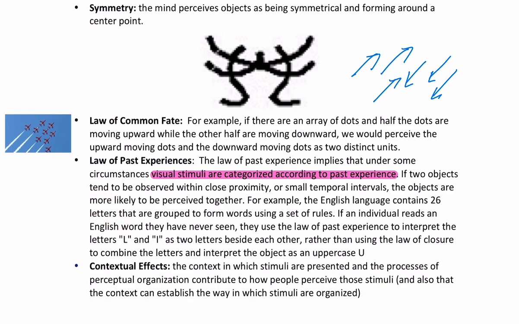Next is contextual effects. The context in which stimuli are presented and the process of perceptual organization contribute to how people perceive those stimuli. Also, context can establish the way in which stimuli are organized. So, for example, let's say we go to Disneyland, I'm drawing Disney, and we see a couple, and one is holding a ring, and the other is so shocked.